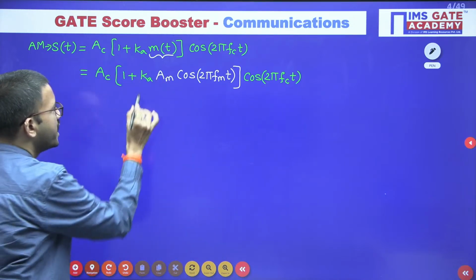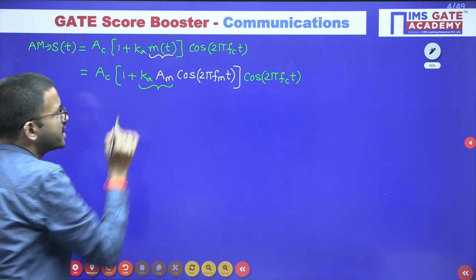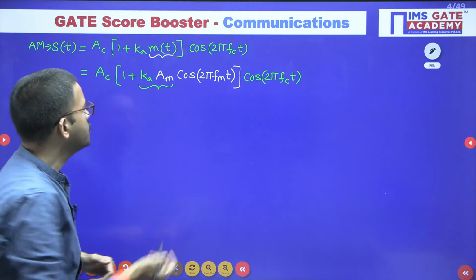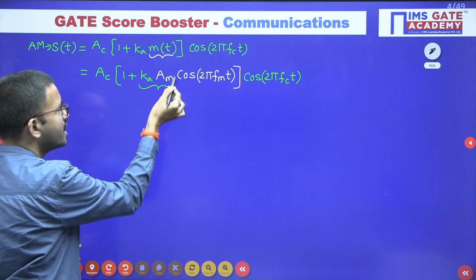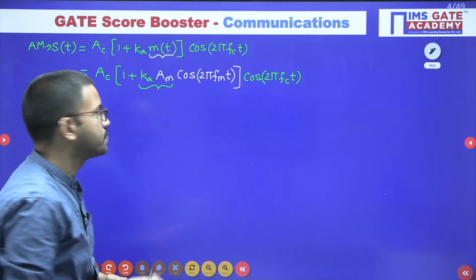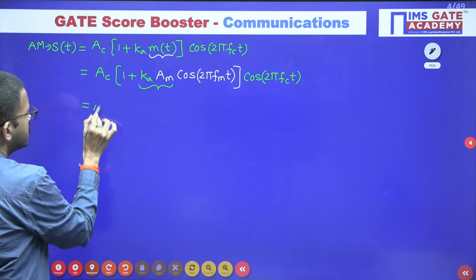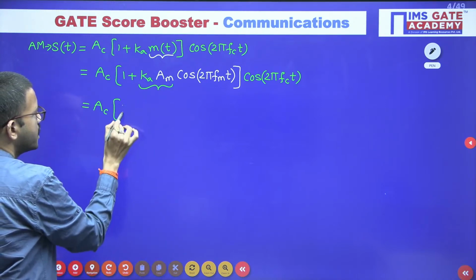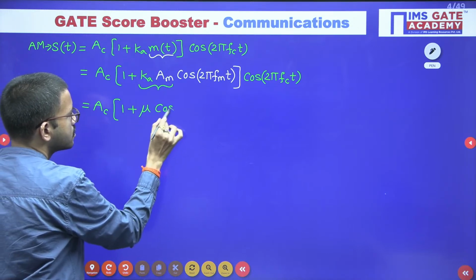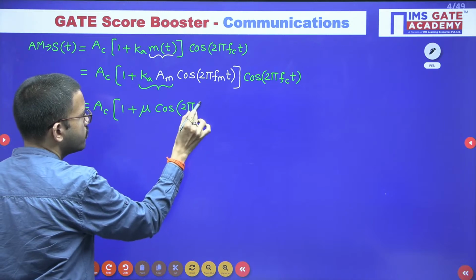Okay, right. Now Ka into Am. Ka is nothing but the amplitude sensitivity and Am is the peak amplitude of the message signal. When you do the product of those two, we are considering this overall product as the modulation index mu.